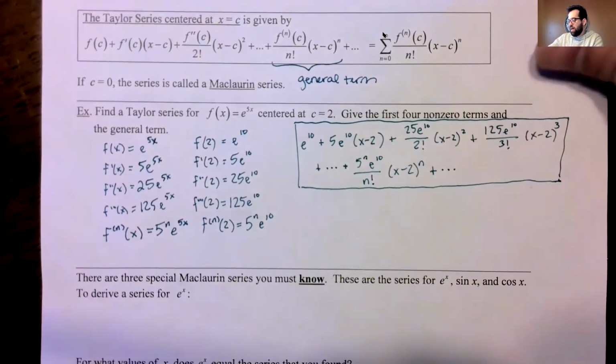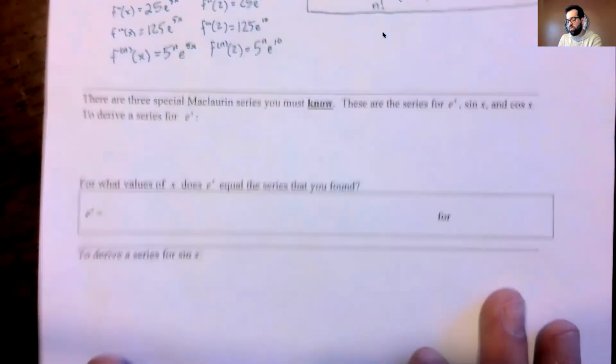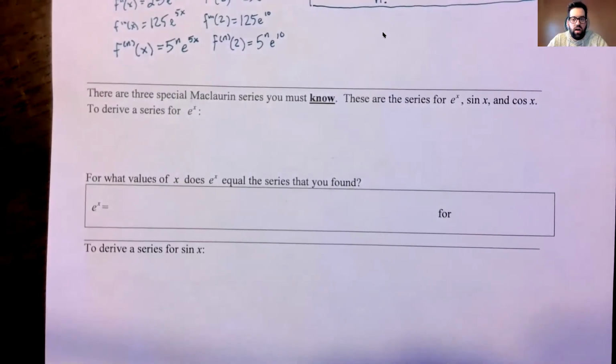All right. There are 3 special Maclaurin series that you must know, specifically for the AP exam and for a quiz in our class. You should know e to the x, sine of x, cosine of x. We are going to add a fourth series to this list, but for today, we need to know 3 of them: e to the x, sine of x, and cosine of x.